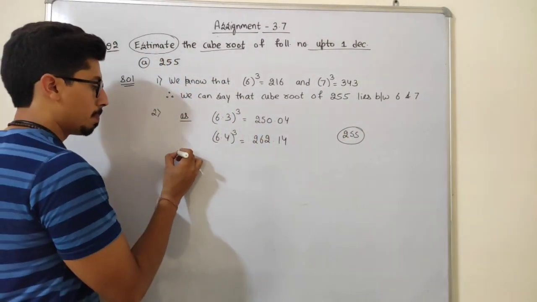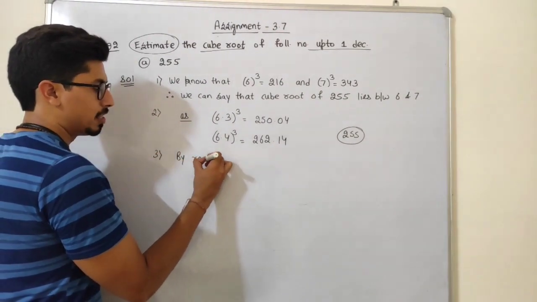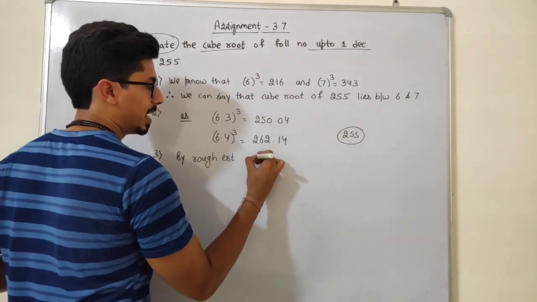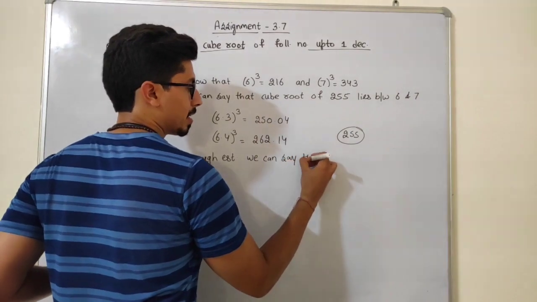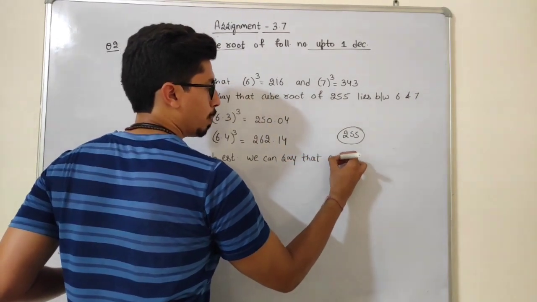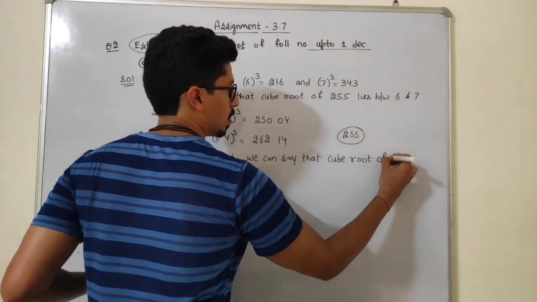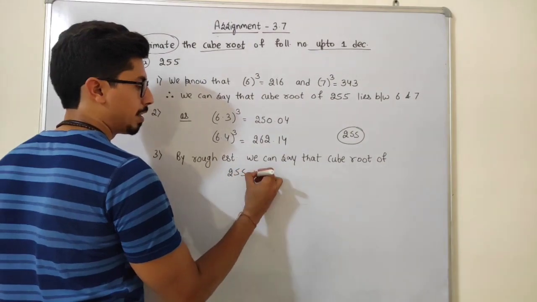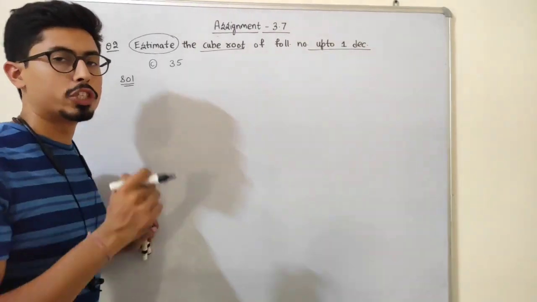So by rough estimation, we can say that the cube root of 255 is 6.3.